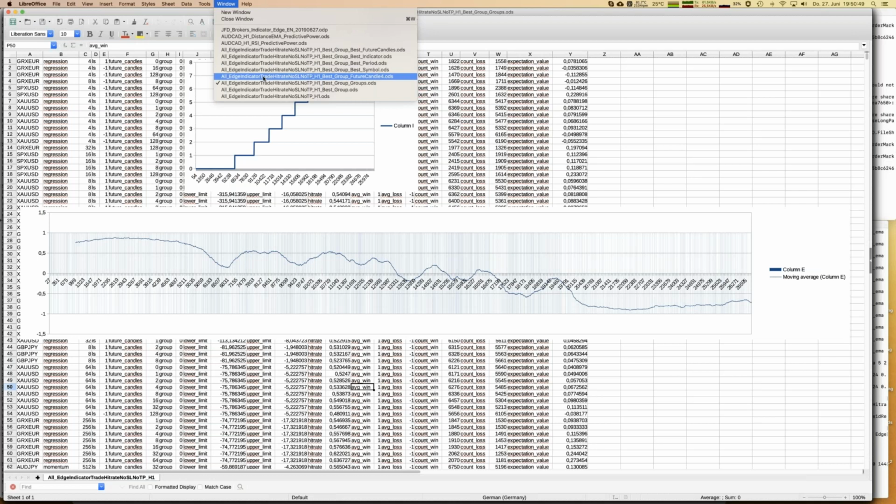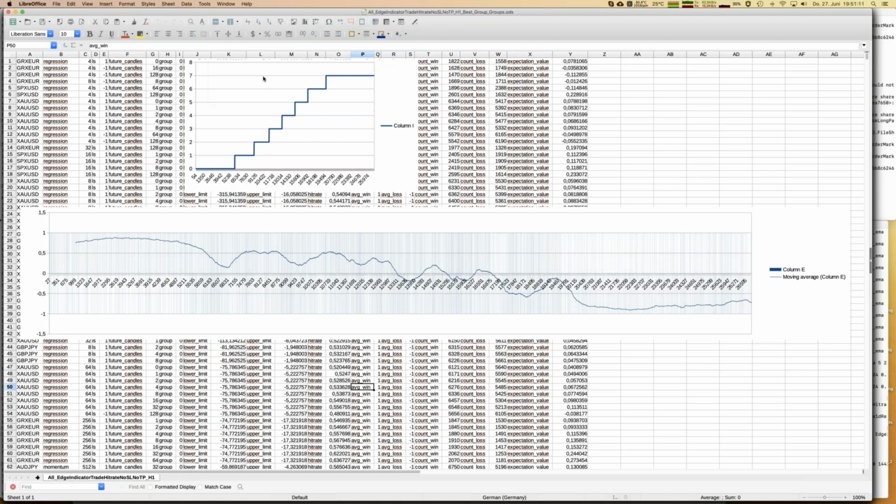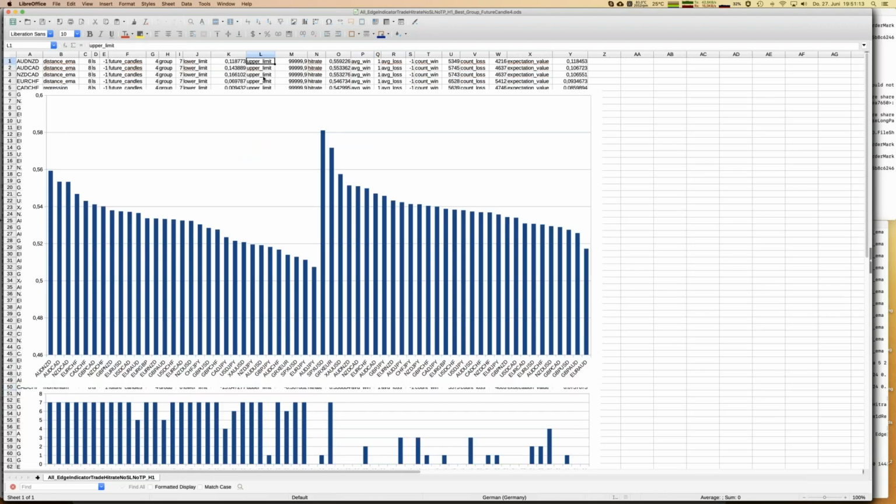Now I have asked myself, okay, I want to look 4 candles into the future. Why 4? Now 4 is 4 hours. If I do trades intraday, 4 hours is not that far. So within 4 hours, my trade should be finally done.